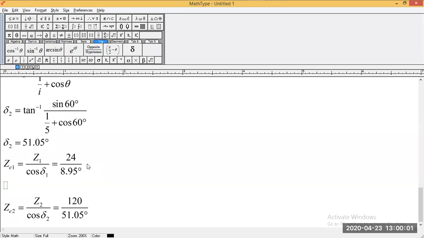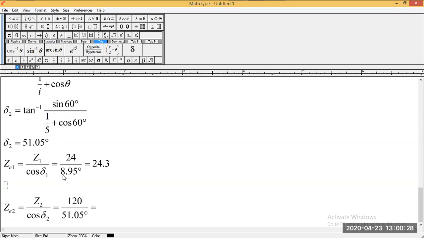That means it is 24 divided by cos 8.95. So this, and I'm getting 24.3.